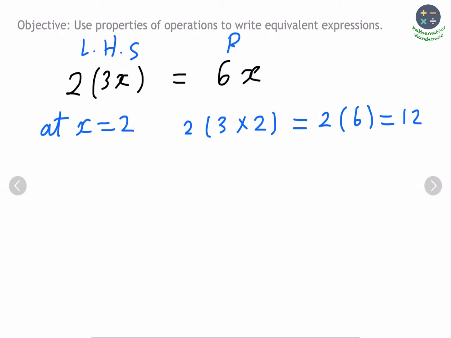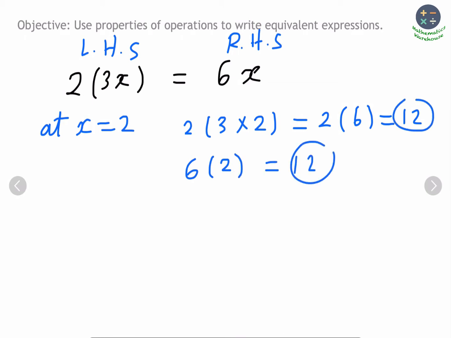For the right hand side, it would be 6 times 2, which is 12. So in this case, we can say they are exactly equal. So now we have 2 of 3x is equivalent to 6x.